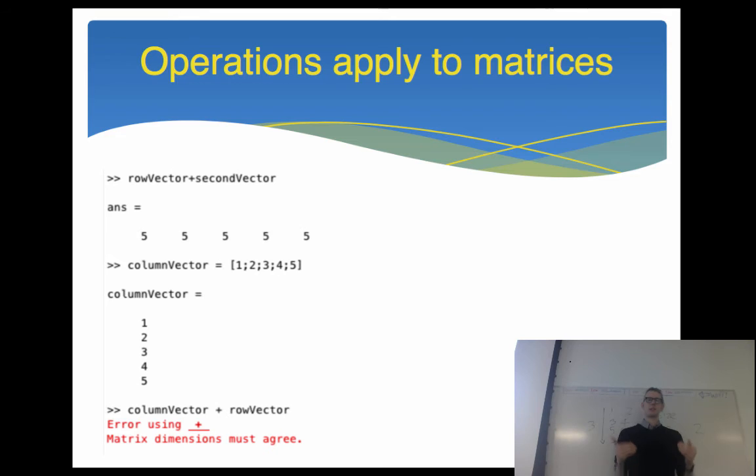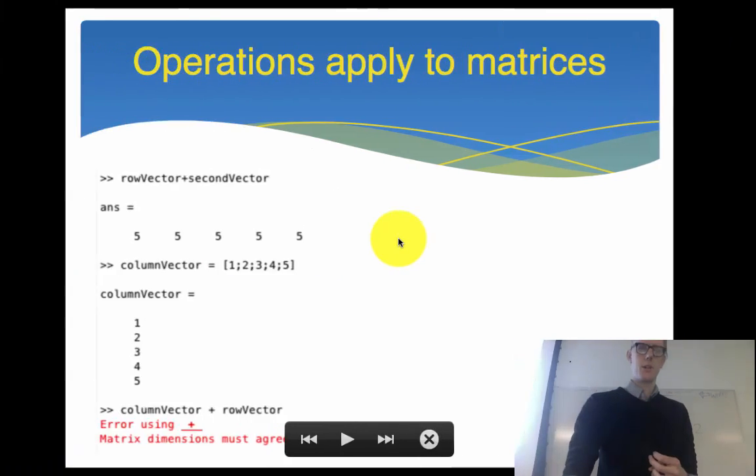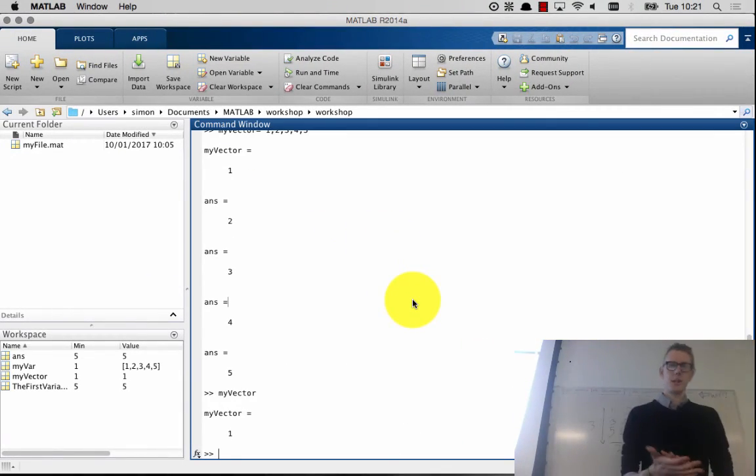You want to be consistent. Maybe you have your variable defined that is your time course, and you have a variable defined that is the results of your time course. So one is all your time points and the other is the actual outputs. And perhaps one of them is a column and one of them is a row, and you're trying to add these together. So there is a transpose operation to allow you to convert from one to the other.